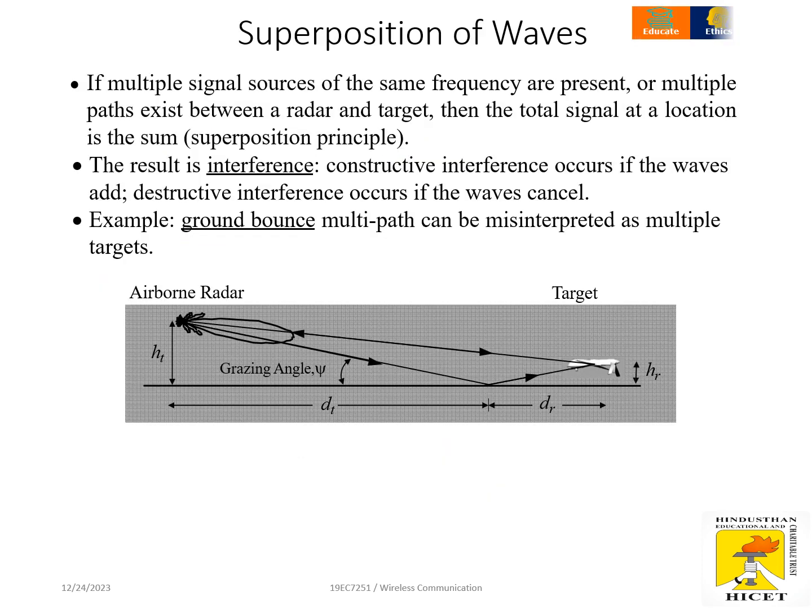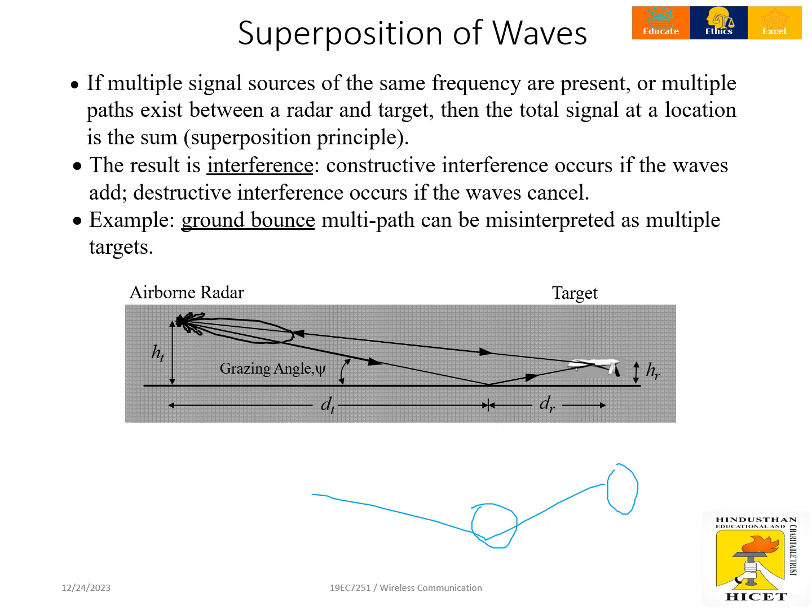Superposition of waves. As I said before, once the signal is transmitted towards the target, it is reflected back to the receiver. Once it is reflected, it is not the actual signal. Somehow it gets hit from the ground, or by obstacles and so on, so we will not get the actual signal.